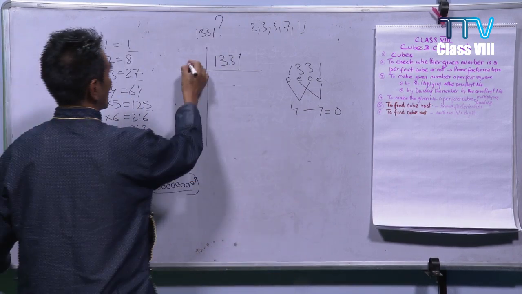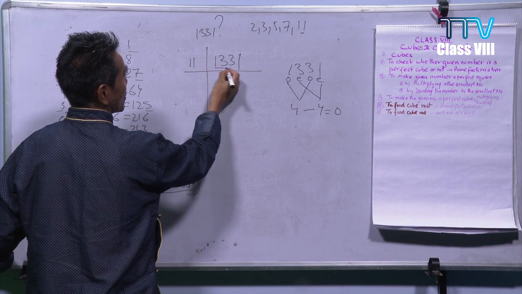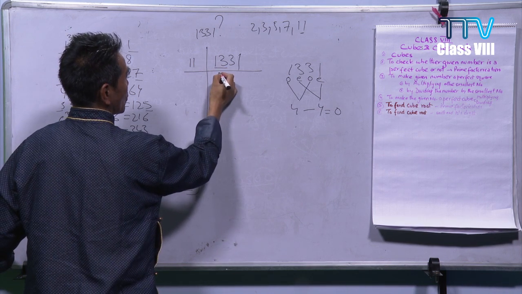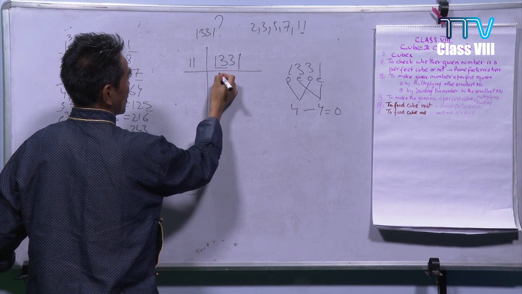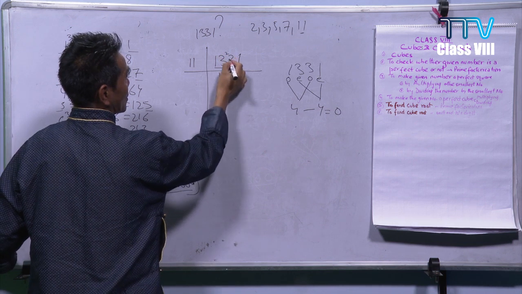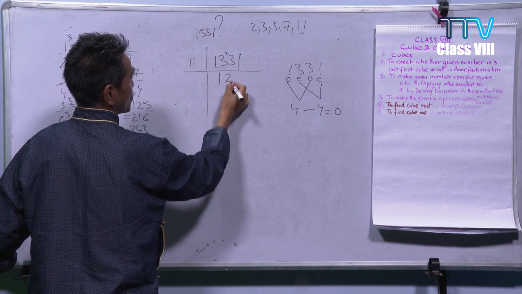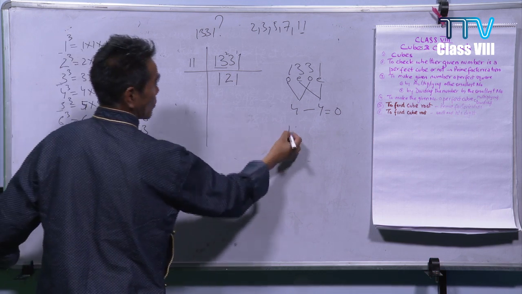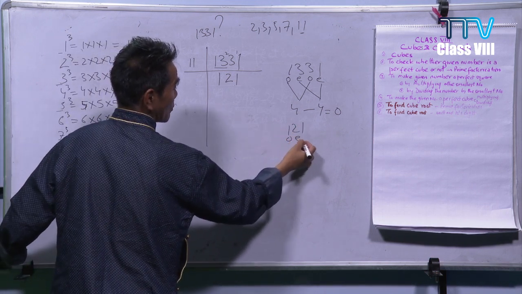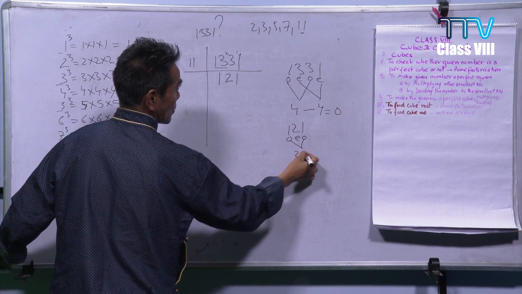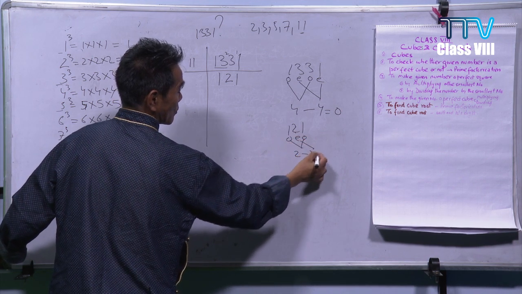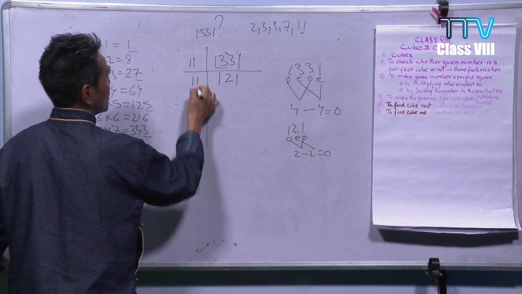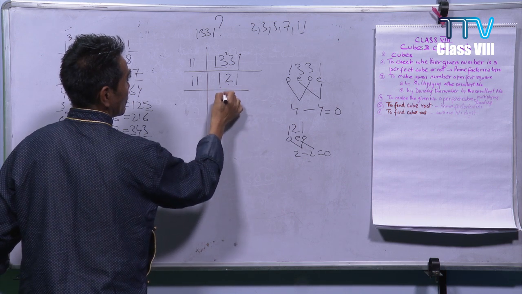Divide 1331 by 11. 11 times 1 is 11, 2 left, bring down 3, 23; 11 times 2 is 22, 1 left, bring down 1, 11; 11 times 1 is 11.